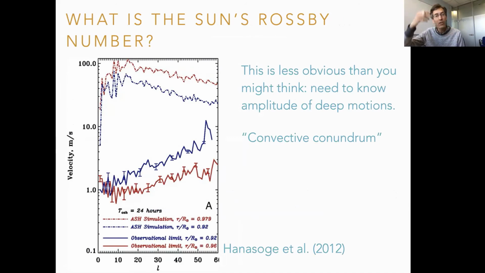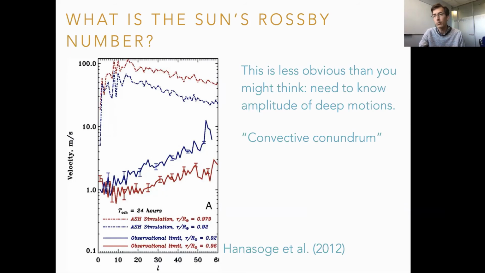Right now there's a bit of a controversy about this, but there are some indications that the amplitude of deep-seated velocity motions in the sun is quite a bit lower than simulations or simple mixing length style arguments would predict. Maybe we'll come back to this later. But the point is that that would tend to make the sun a much lower Rossby number thing than we currently think, which would help with it in other ways.